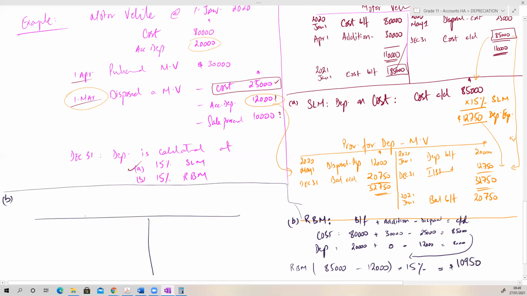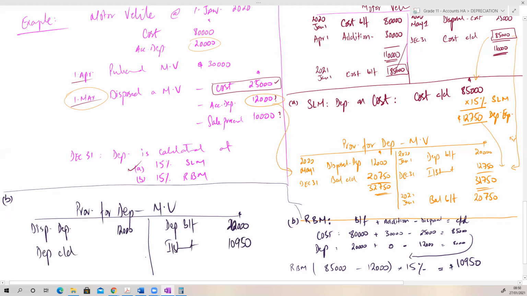In part B, the account to be made is provision for depreciation motor vehicle. Depreciation brought forward is going to be the same. Disposal depreciation will be the same. Charge to income statement will be 10. Depreciation brought forward will be 20,000. 10,950 is charged for the year.